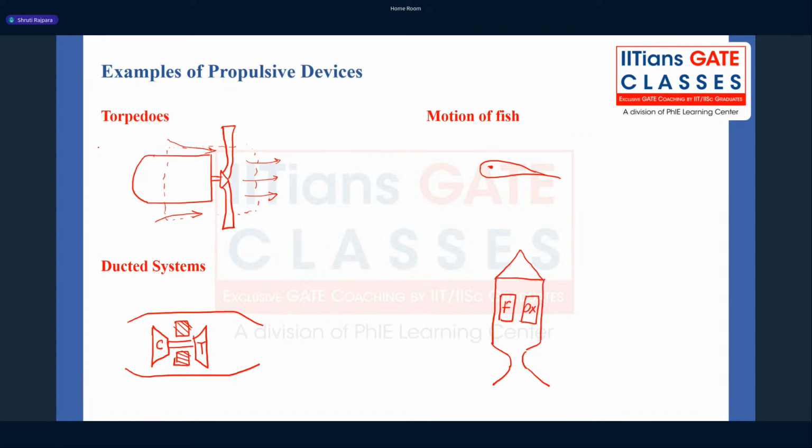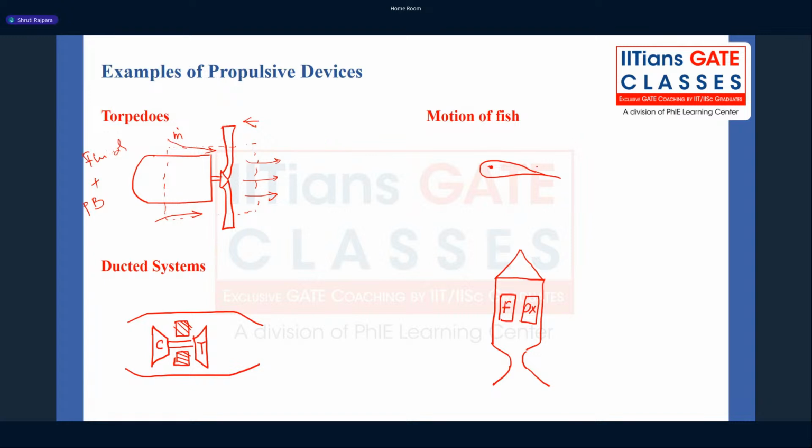So because of the presence of fluid plus the motion of the propeller blades, the flow of the fluid is getting generated. Here also we can consider this as an example of a propulsion device, because the mass that has entered is being rotated by the propeller blades, and the difference in the energy is giving the forward motion to the torpedoes.